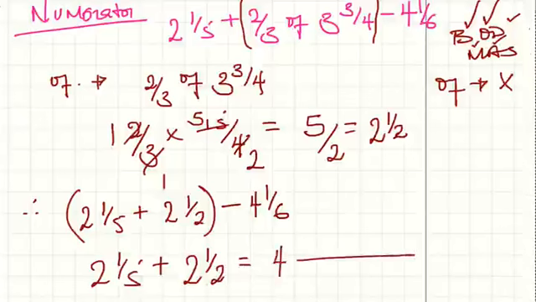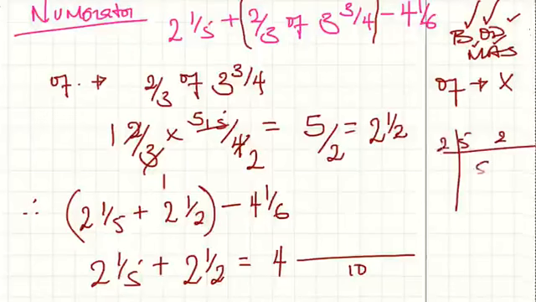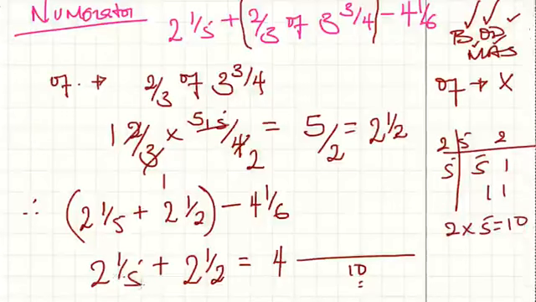We move to the fraction. The LCM of 5 and 2 is 10. This one we discussed in our topic of least common multiples and the GCD. So the LCM is 2 times 5, which is equal to 10. 10 divided by 5 is 2, 2 times 1 is 2.